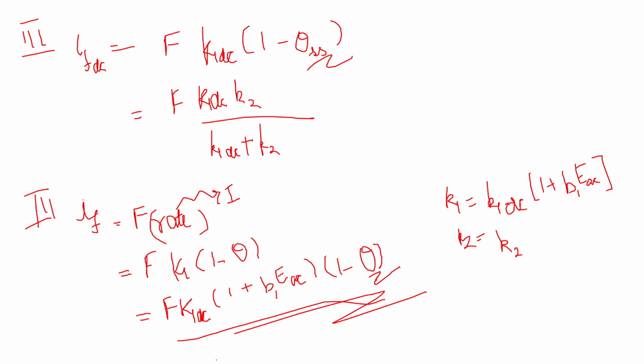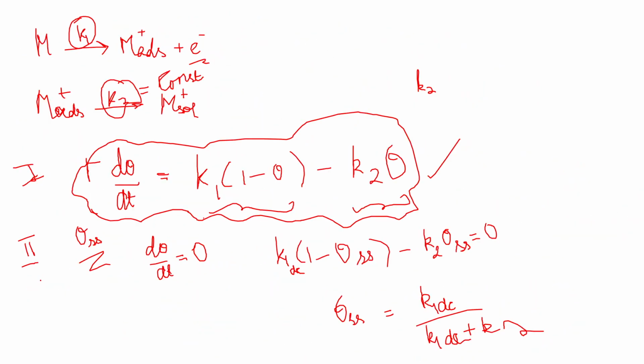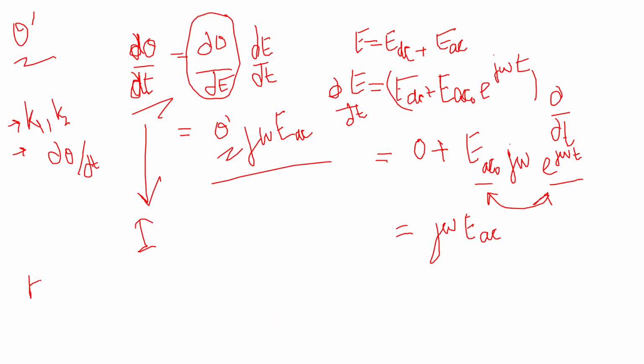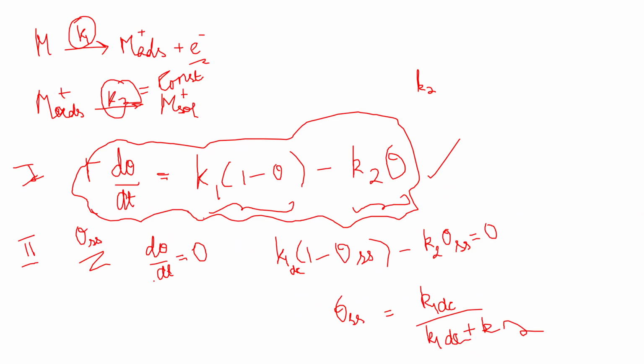So I'm substituting in that: gamma dou theta by dou t, which is nothing but theta dash j omega EAC, equal to k1 into 1 minus theta.